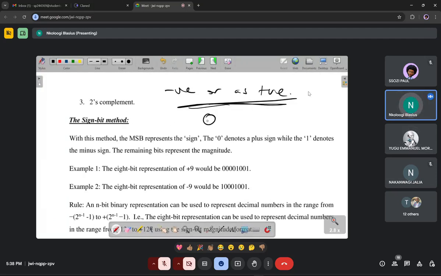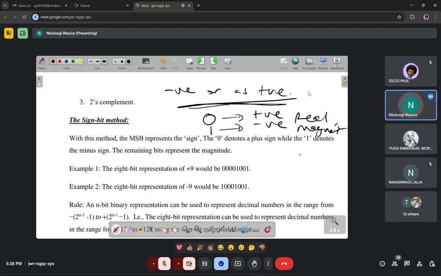When you see 0 on the number that we're going to be representing, 0 denotes that the number is a positive number. But when you see a 1, it represents that the number is going to be a negative number. The remaining part of the number will be the real magnitude of that number.